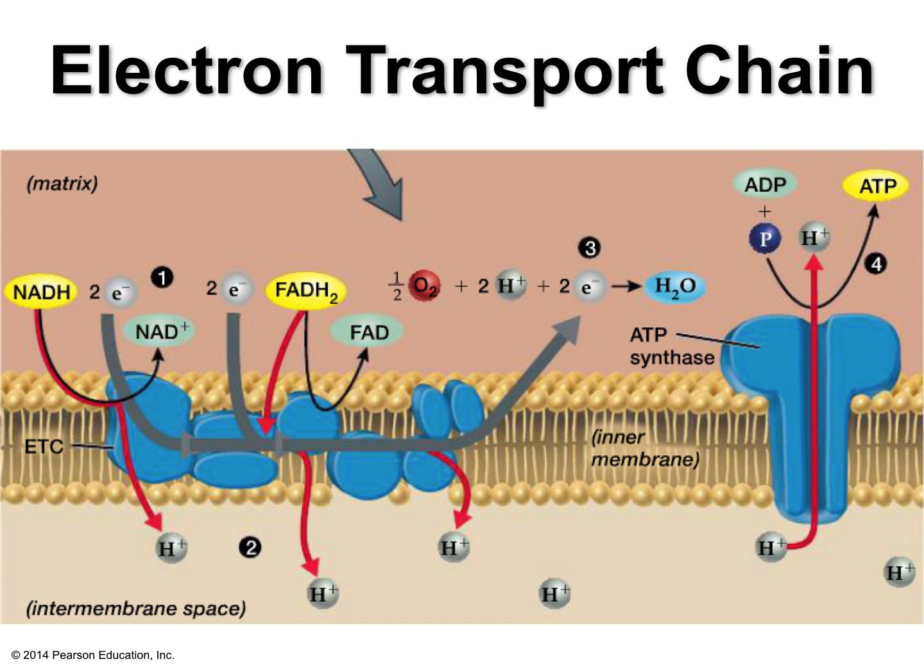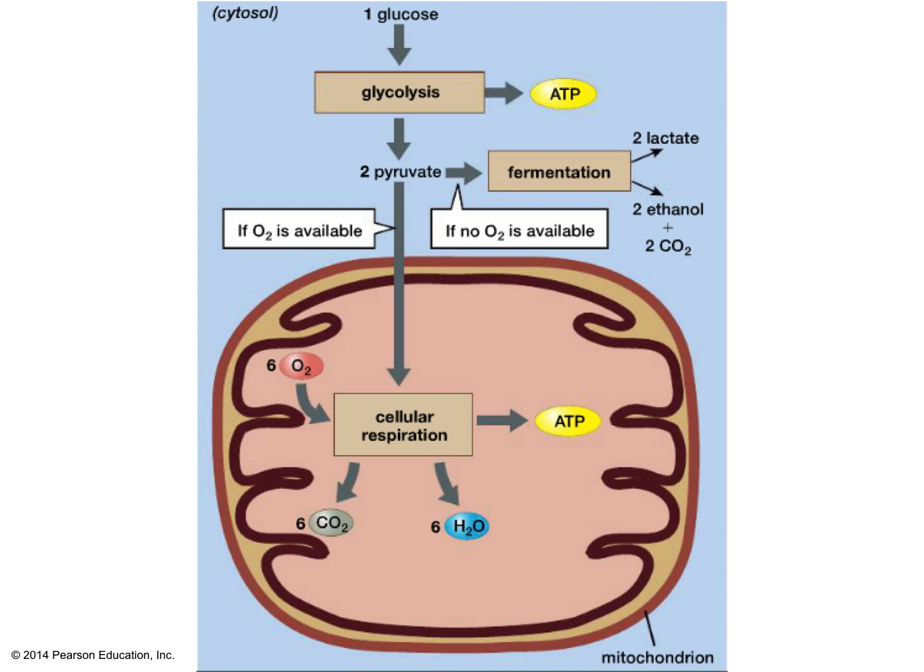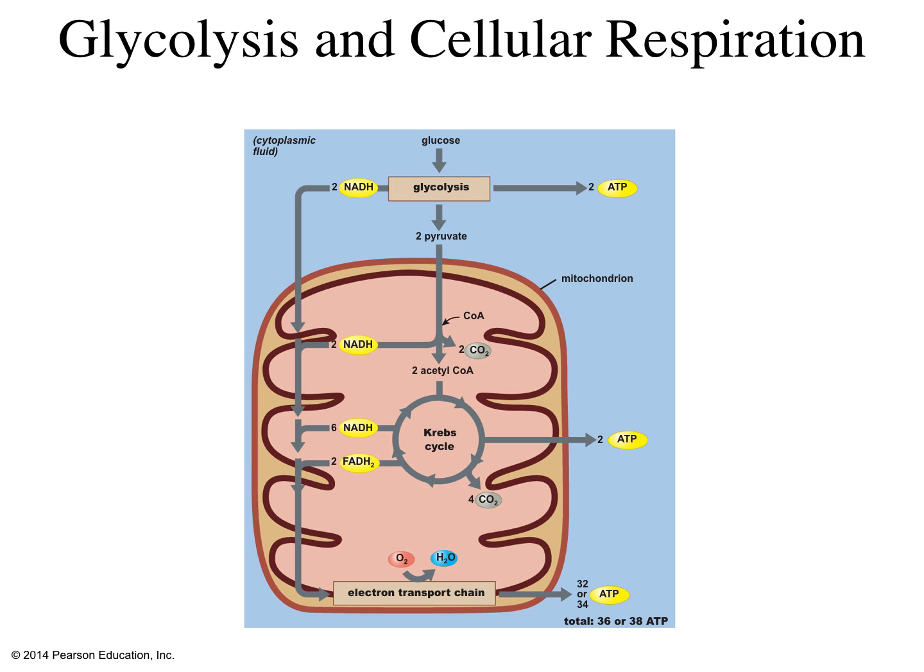That's important to know because we're going to create a high hydrogen concentration gradient, a high proton concentration gradient, and it's important to know where that occurs. Does that occur in between the two membranes or in the matrix? And the answer is in between the two membranes. Otherwise, we wouldn't even need a second membrane.